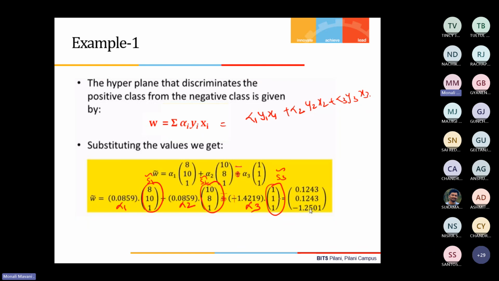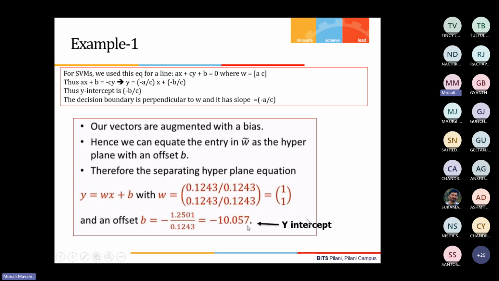When you solve this, you will get a vector. This is nothing but the W vector, because we have used the formula of W, alpha i, yi, xi. This is the A component, this is the C component, this is the bias component. We can reduce this further by dividing by 0.1243 just for normalization purposes. If we do this, we will get 1, 1 and -10.057. This will become the W, with A component, C component and B component.